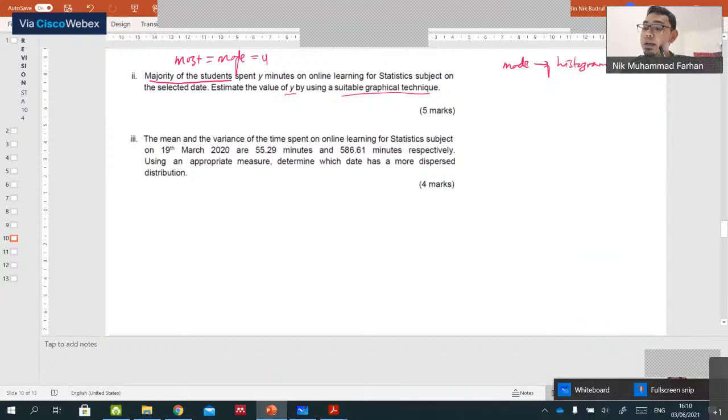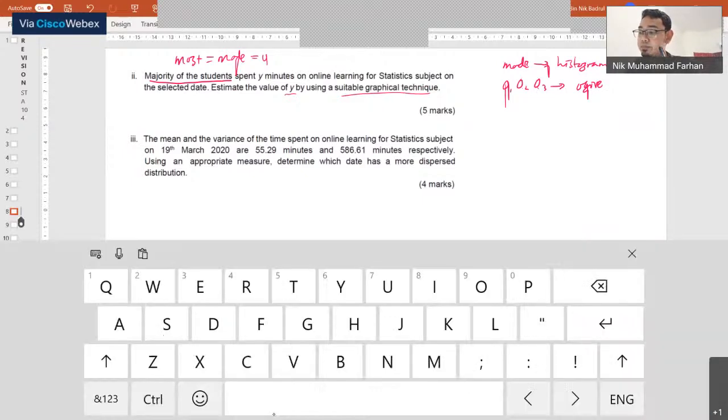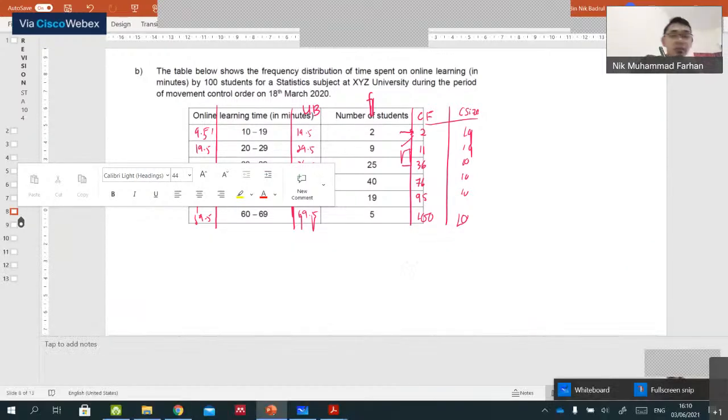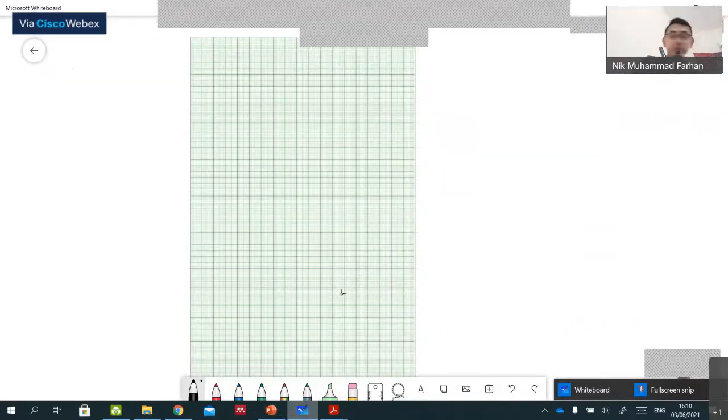Okay. Kalau you nak cari apa nama Q1, Q2, Q3, you kena guna apa nama OGIF, right? OGIF. Right. So you want to build the histogram in this case lah. Alright. Okay, kita nak buat histogram untuk one. Boleh? Kita buat histogram. Okay.